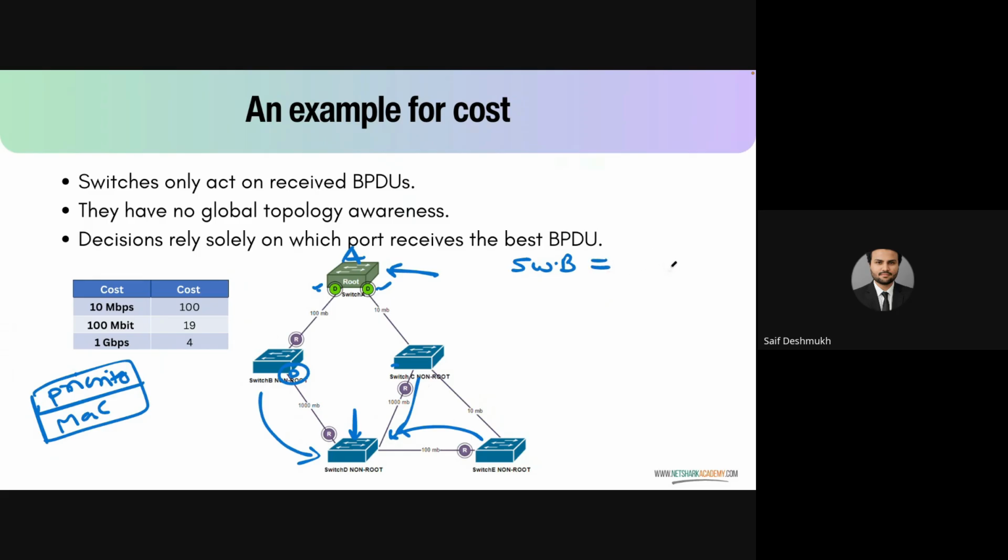The first BPDU received from switch B had a cost of 100 MB, right? So switch B sent a BPDU saying, hey, from me the root bridge is 19 away.